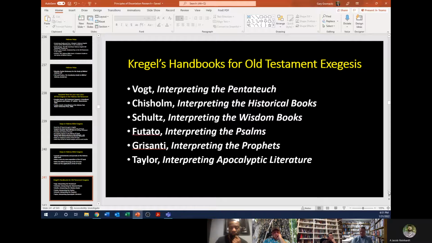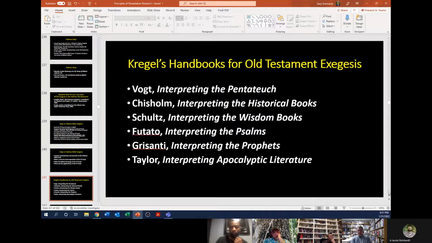Like interpreting the wisdom books. I think, Lou, that you were looking at that, especially Schultz there, Futato. I don't have the wisdom one. I have Interpreting the Psalms, the Exegetical Handbook. Grisanti on the prophets, Interpreting the Prophetic Books.